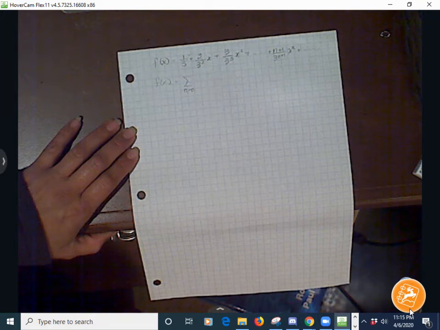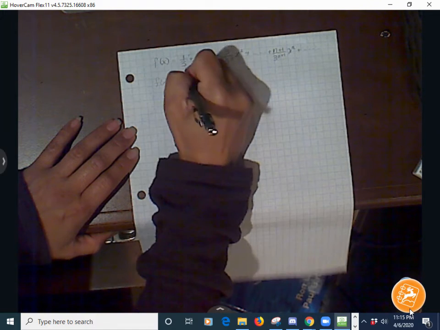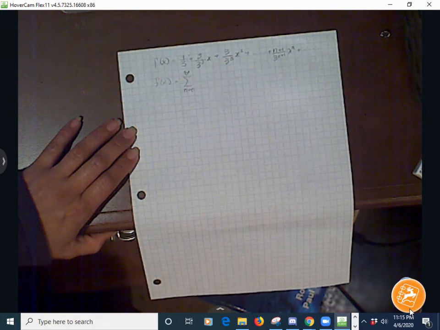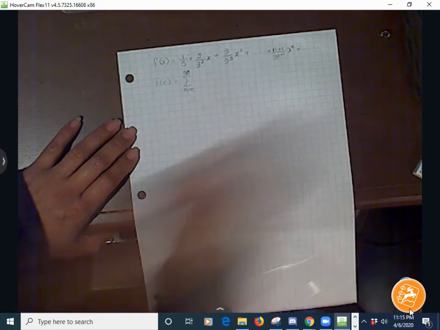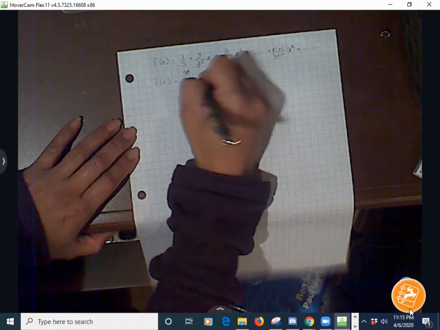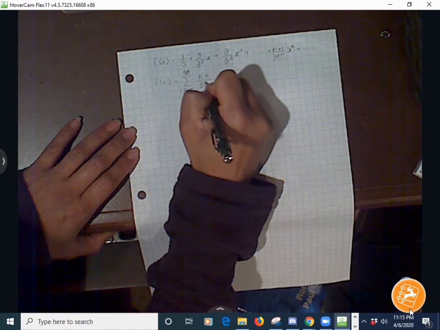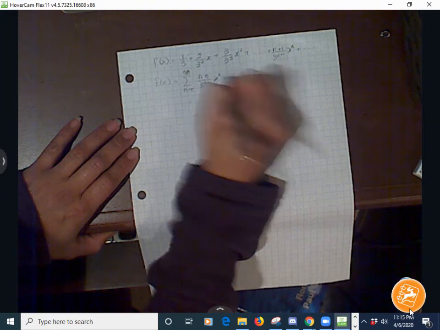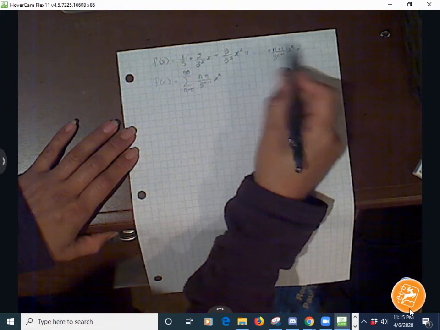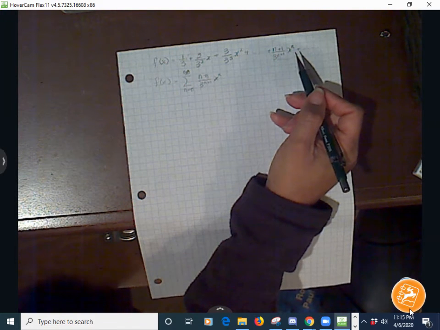So that's why I'm making it n equal to 0, to infinity. And then I'm going to use the general term, n plus 1 divided by 3 to the n plus 1, x to the n. Okay, this is what they call the general term, if you're not familiar with that expression.